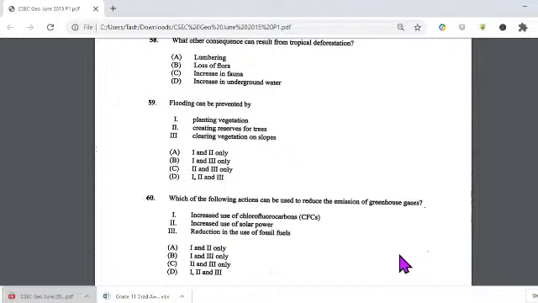Increase the use of solar power. 3. Reduction in the use of fossil fuel. So we know that chlorofluorocarbons are bad, so we cannot increase their use. So we know solar power is good, so we can increase that use, and we know fossil fuel can be bad, so we need to reduce that as well. So it is 2 and 3, which would have been our answers. So for 60, it is letter C.